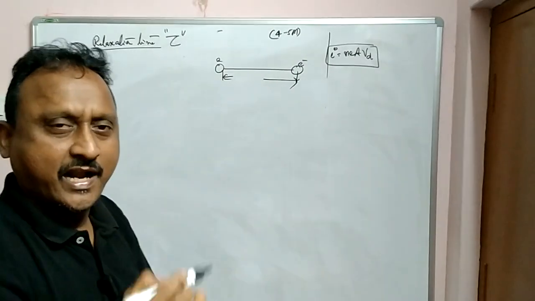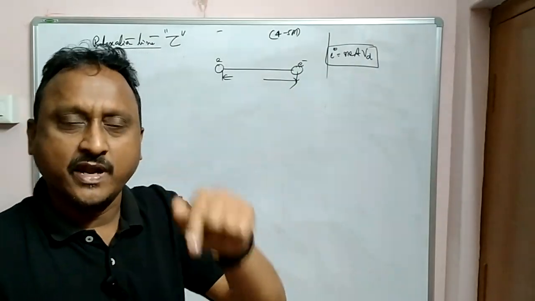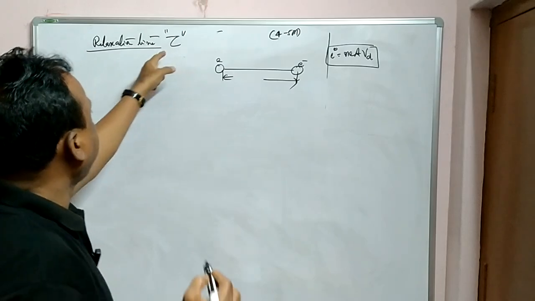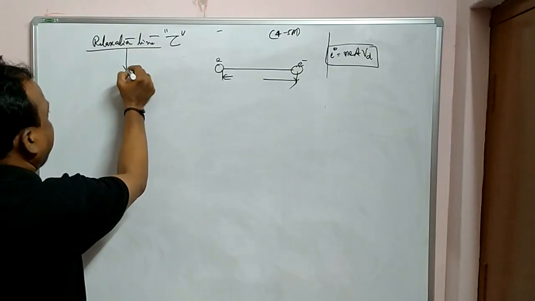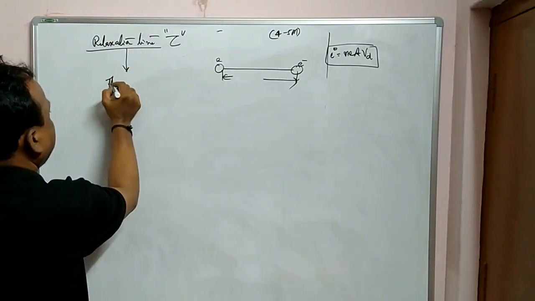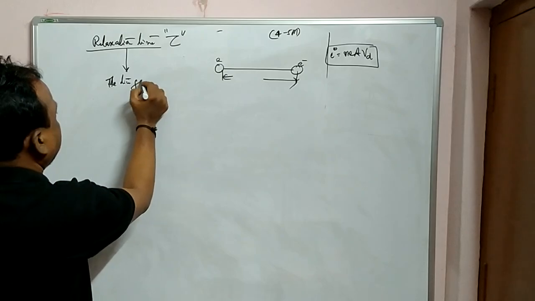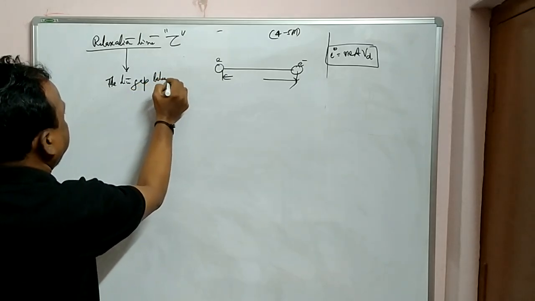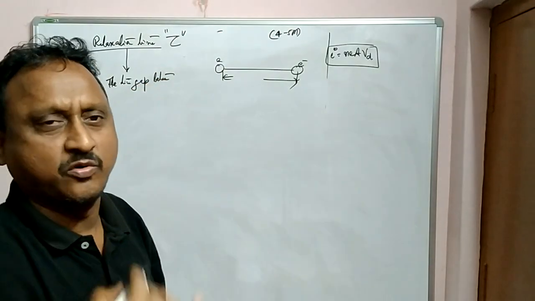When it is colliding, the time gap between one collision and the next collision is called relaxation time.